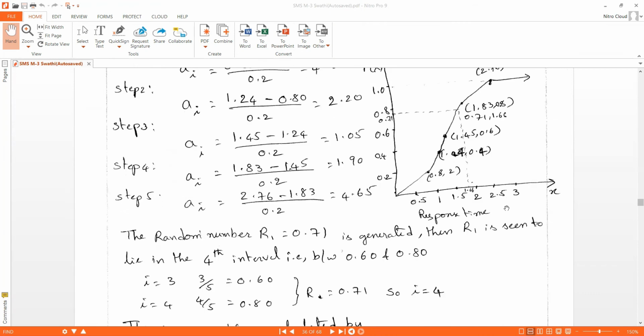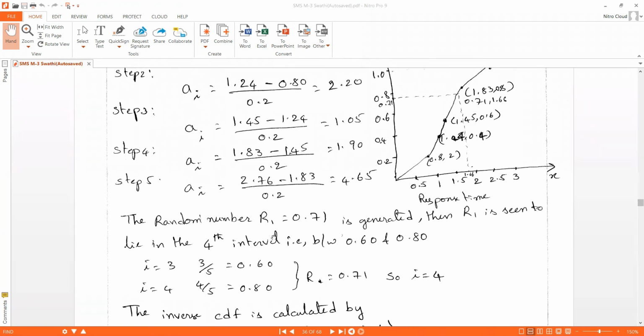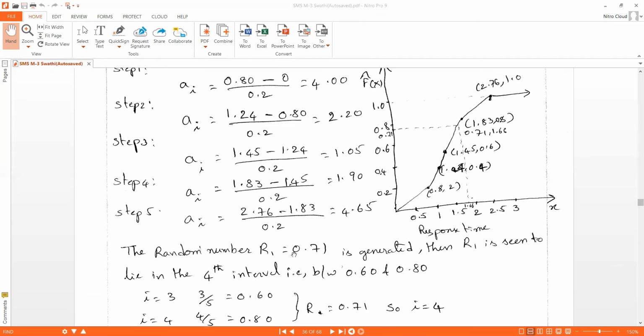Now we need to find within what range the random number r1 will be. r1 is seen to lie in the fourth interval, between 0.6 and 0.8. Where will 0.71 come? It can come in between the range of 0.6 and 0.8.